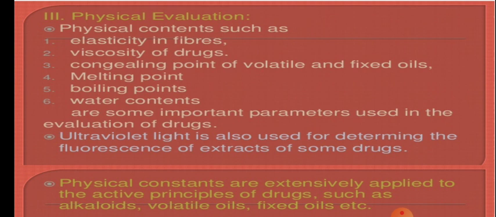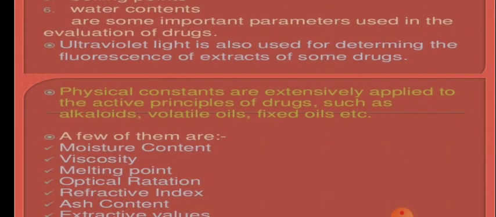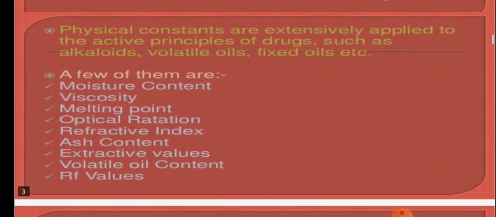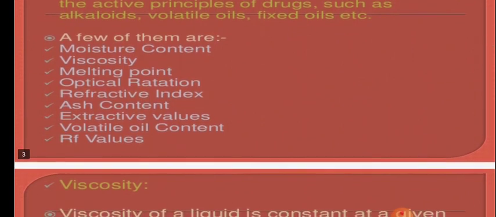Nowadays ultraviolet light is also used for fluorescence. Then in physical conditions, constituents such as alkaloids and volatile oils are present. A few of them also show moisture content, viscosity, melting point.